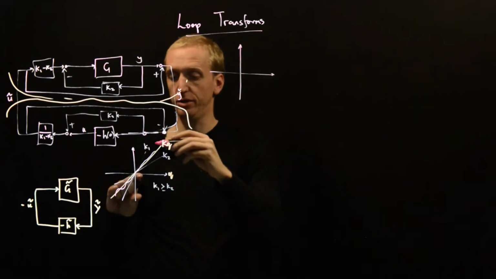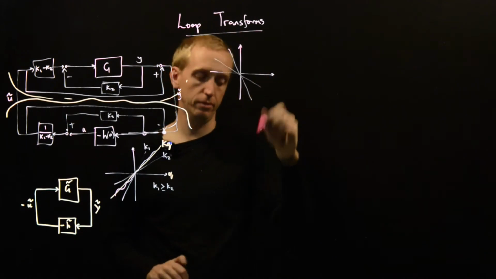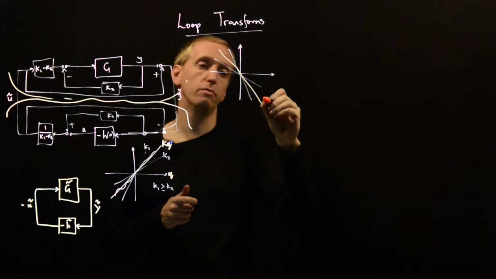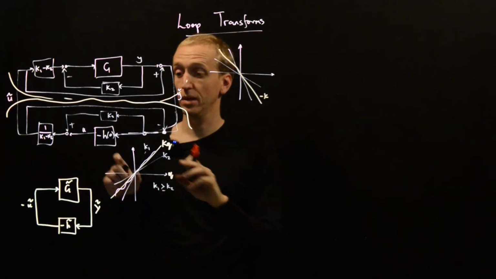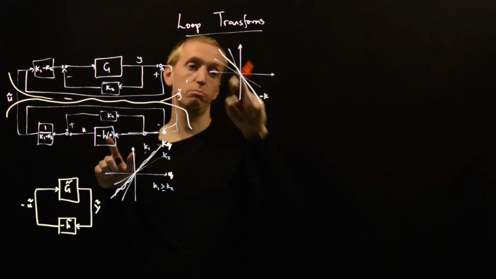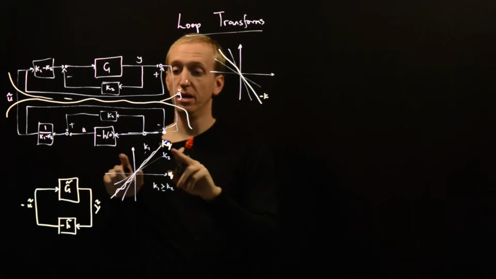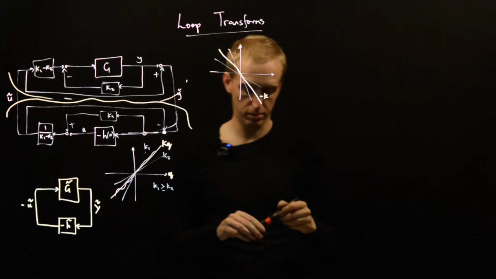Well, minus h is just, we just flip things. So now we have minus something with a slope of minus k. So this, the nonlinearity from here to here is just some straight line function we're assuming for now, which has got slope minus k.